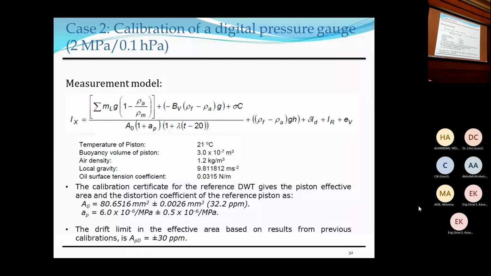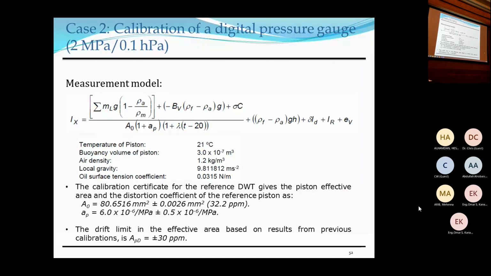I don't know if you're familiar with this type of measurement, but the effective area is the area that's determined during the calibration of a deadweight tester or a pressure gauge. That's one parameter. And the other parameter is how much the piston distorts when pressure is applied to it.